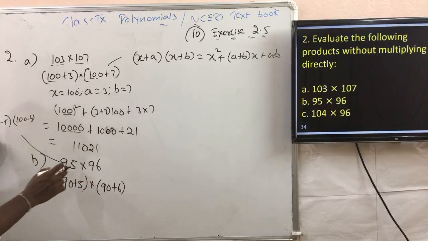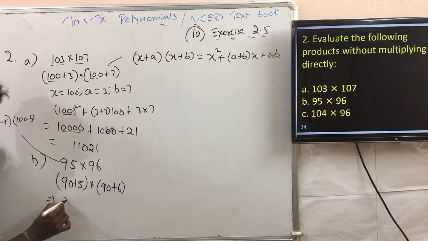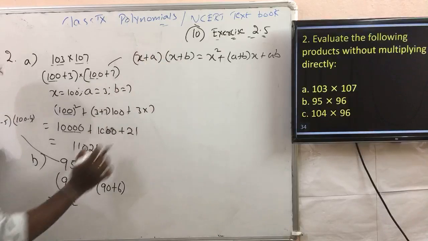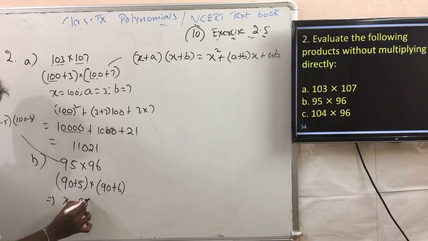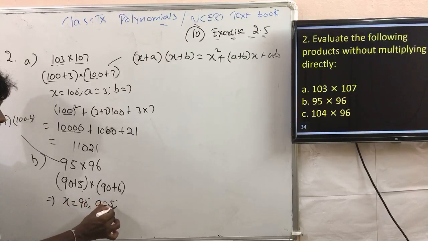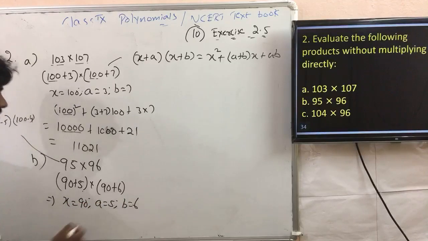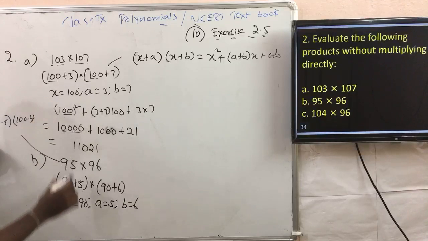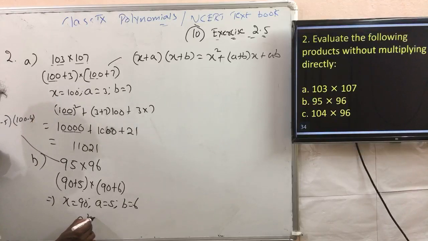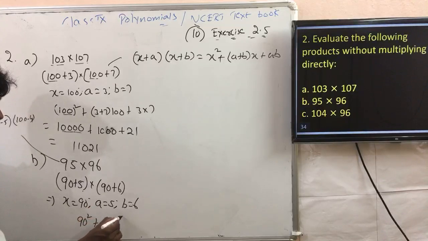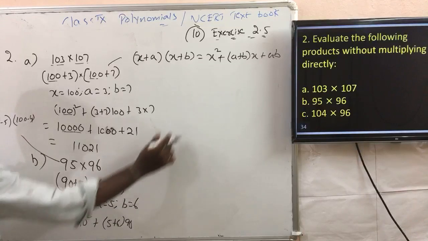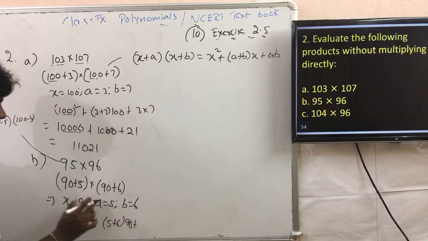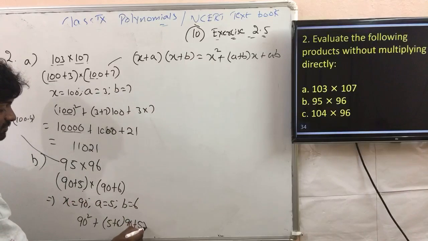So take it like this. Now x equals 90, a equals 5, b equals 6, same identity. Now x square, 90 square, plus (a plus b), that means 5 plus 6, into x, 90, plus ab, that means 5 into 6.